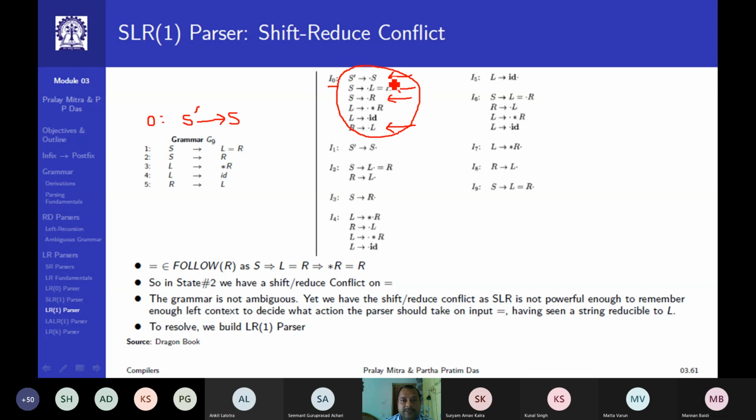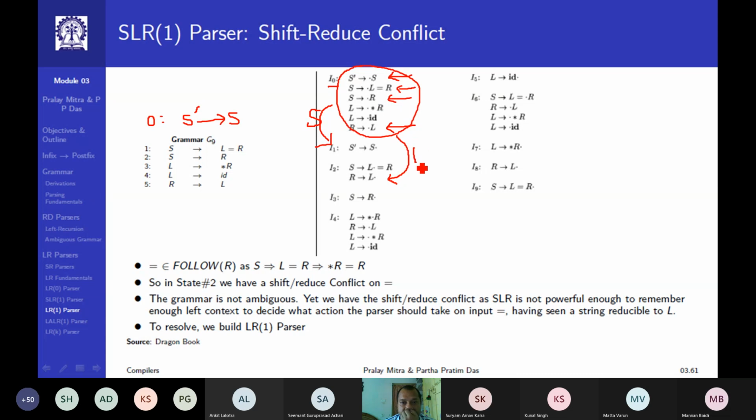Now if I start with the first item, and if I move the dot from the left hand side of S to the right hand side, then I will get state 1, which means upon seeing non-terminal S, from state 0 I will go to state 1. When I see L, then from state 0 I will move to state I2.